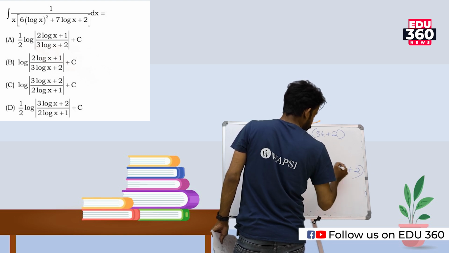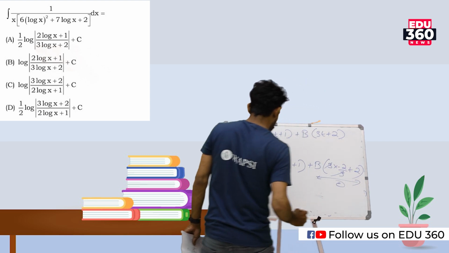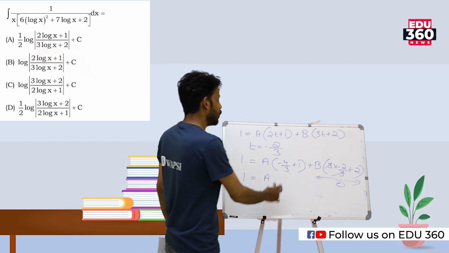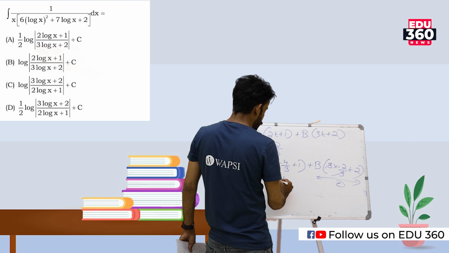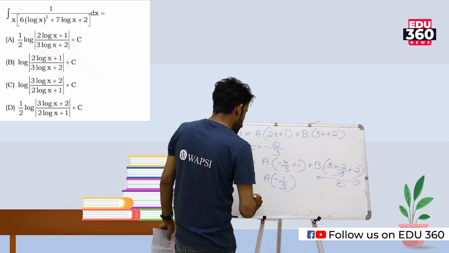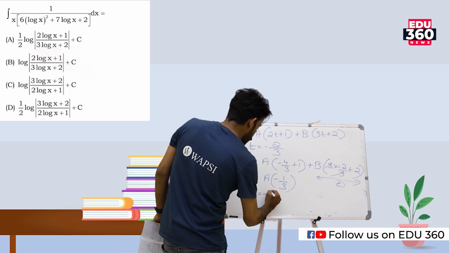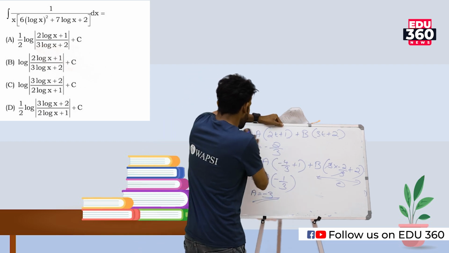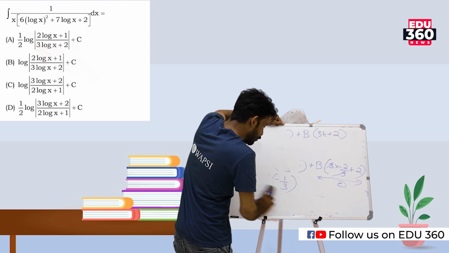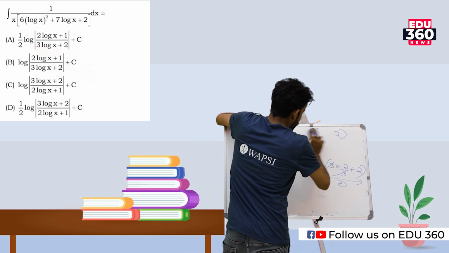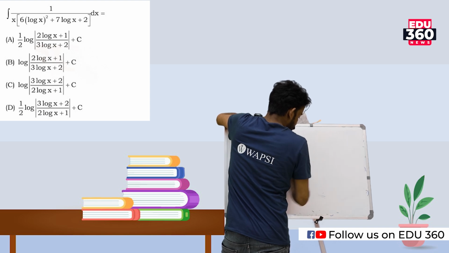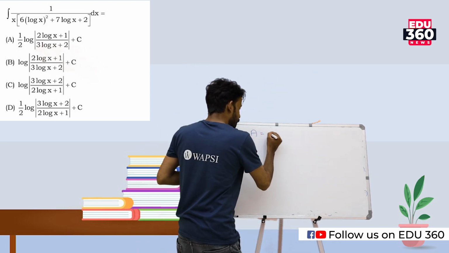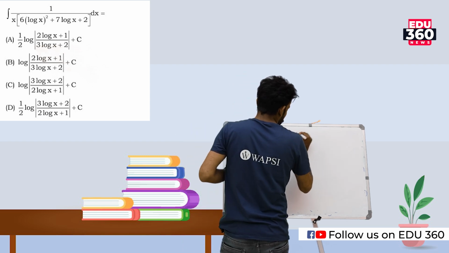This term becomes 0. So 1 is equal to A into 1 by 3, so A is equal to minus 3. So we get A is equal to minus 3 and B is equal to 2.